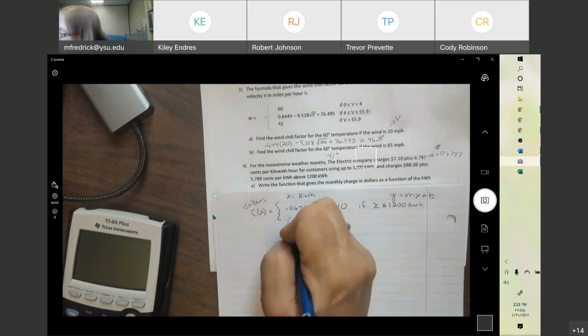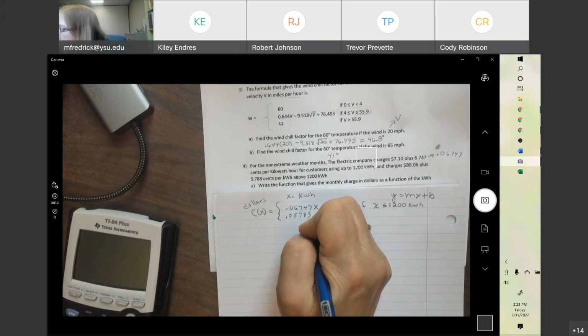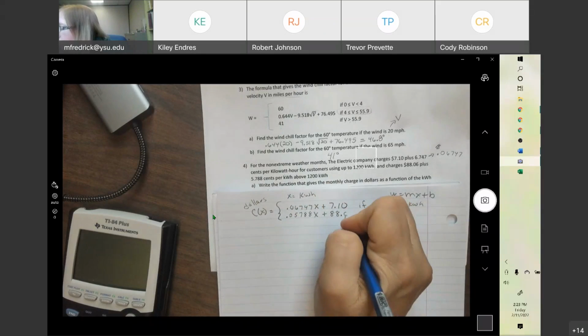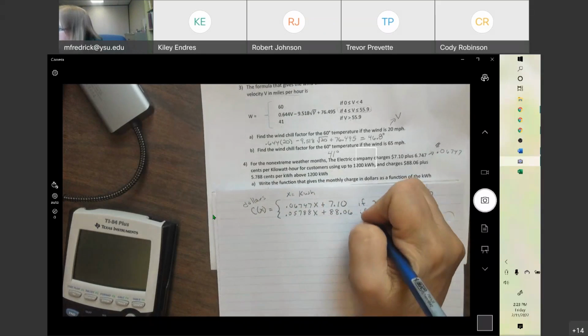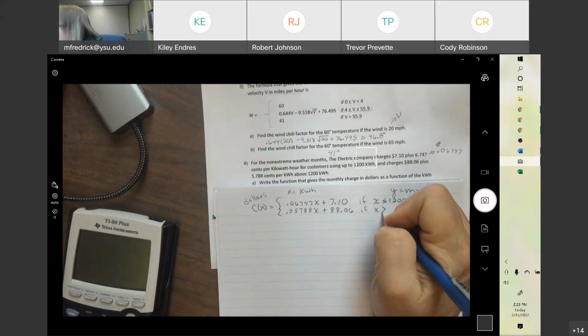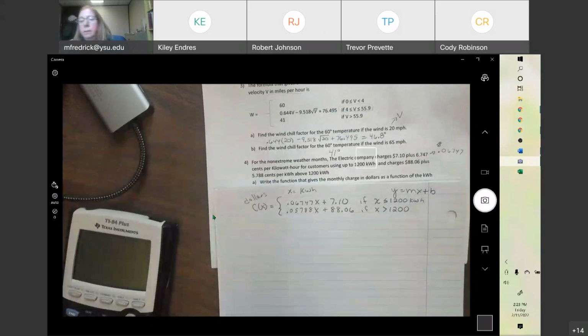We need to change it to dollars. 0.05788x plus the $88.06. And that's if X is above 1,200. Any questions on setting it up? So it's just setting our equations up a step further. Any questions?